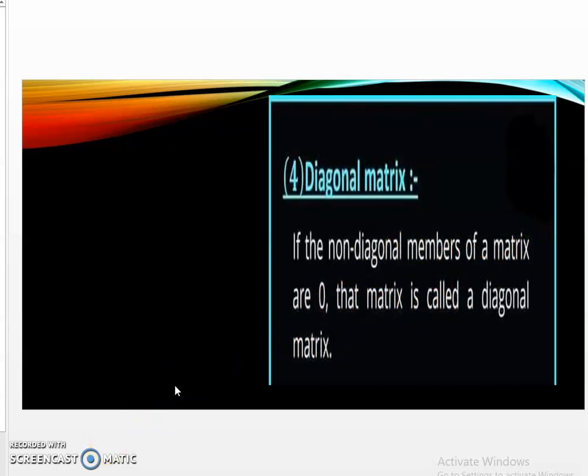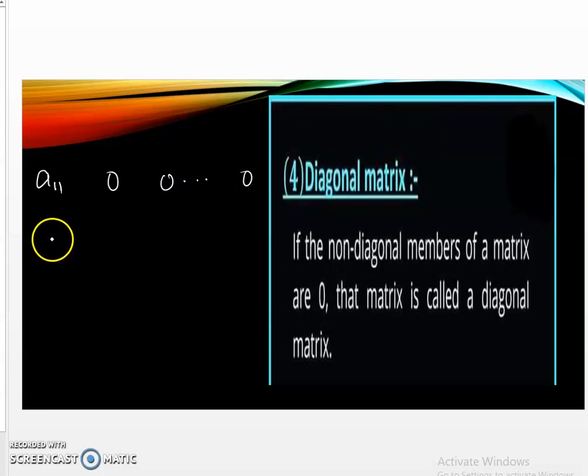So let us take an example of a diagonal matrix. For a diagonal matrix, let's say that we have A11, then 0, 0, up to 0 here.